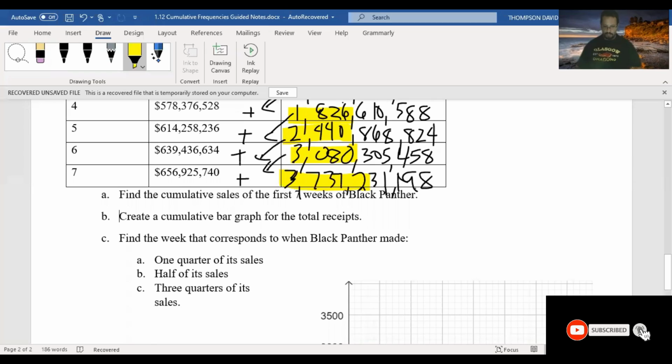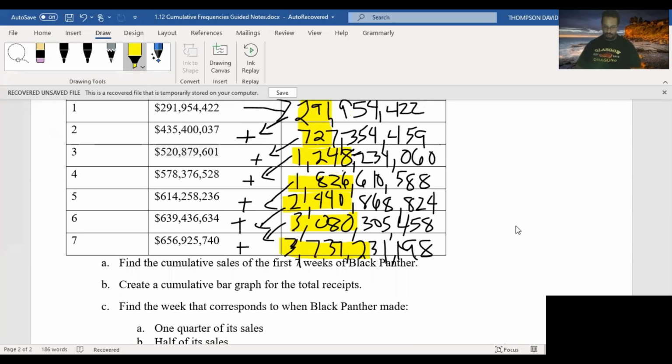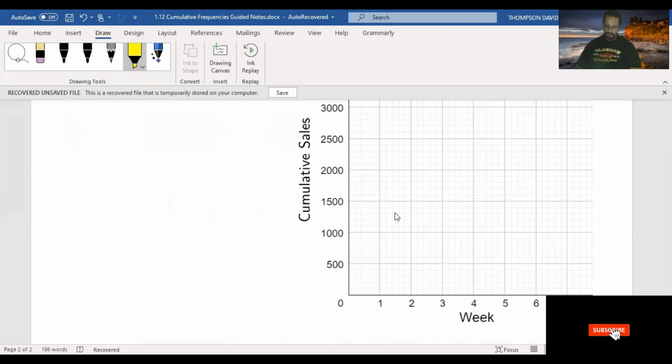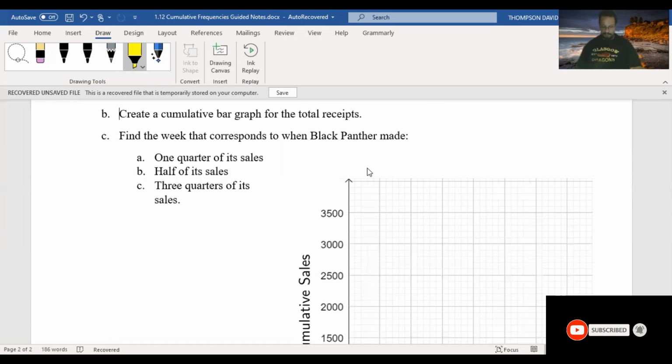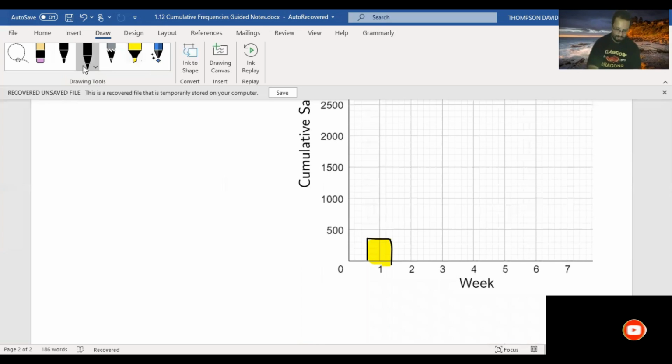Okay, the first bar we want to look at is week 1, so that's 291 million. So our bar graph shows cumulative sales in millions. So 291 million will be just under 500. Then for week 2, we have 727 million. So just draw a bar out for week 2, being careful not to let your bars touch.